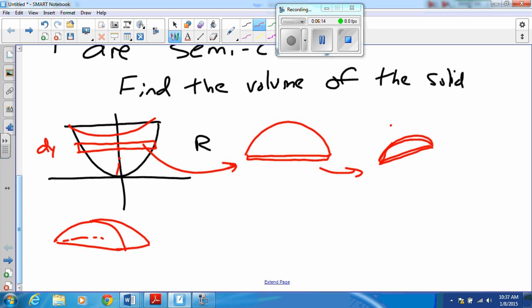Okay. And this piece right here is not exactly conforming to the solid. However, it is very close. And we can say that the volume of this solid, which we might call delta V, is going to be equal to the area times the thickness, which in this case is delta y.